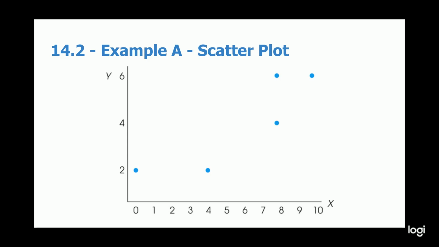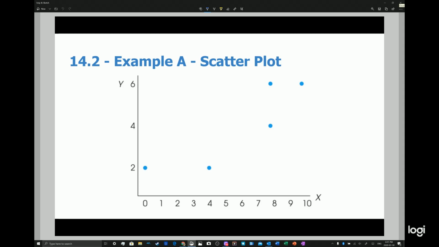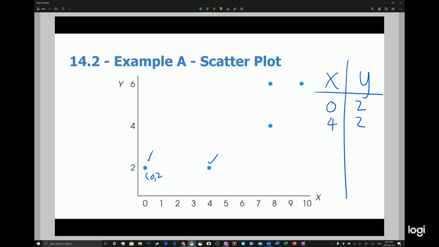So here's a scatter plot, and for a moment, try to plot the data and the numbers. Here you've got x and y. I'm just going to do this quickly. The first value here, x is 0, y is 2. So that's done. Here you've got x is 4 and y is 2 again. Done. So 0 and 2, 4 and 2.